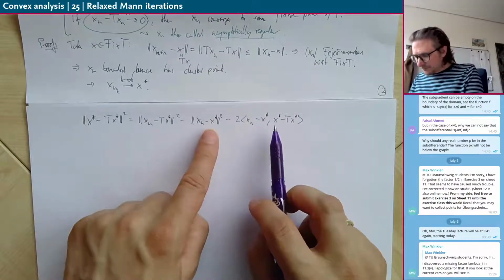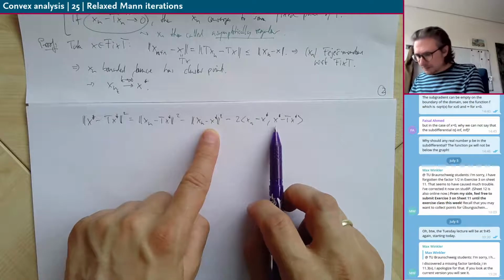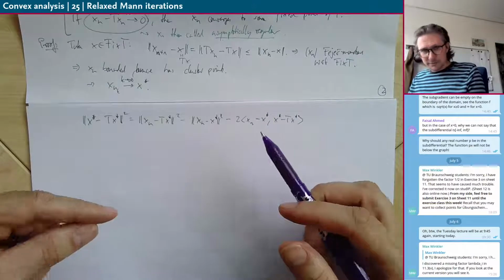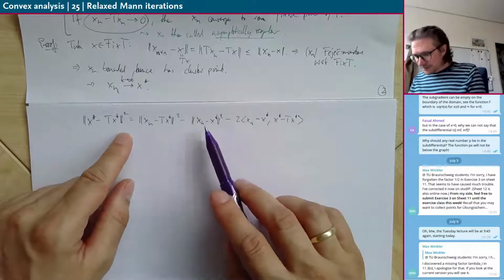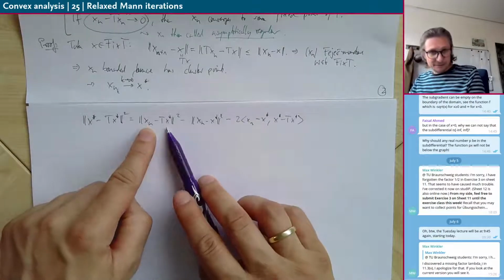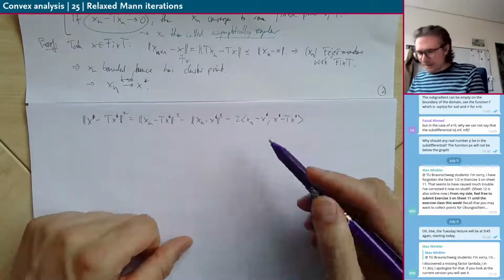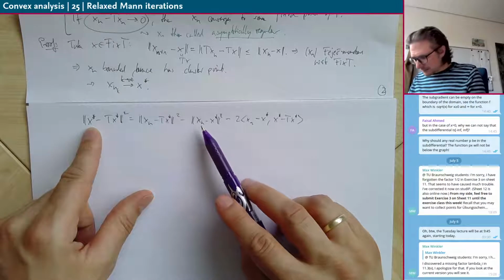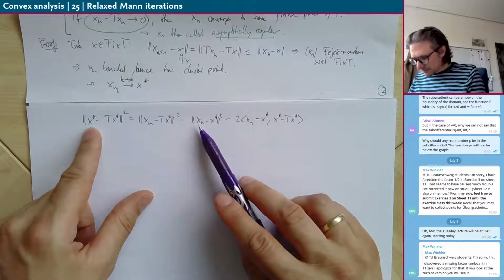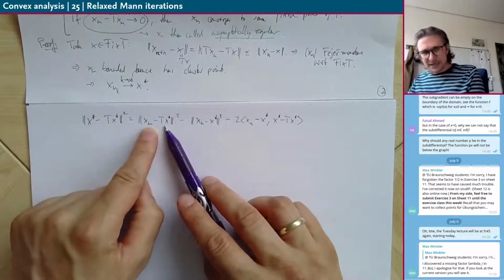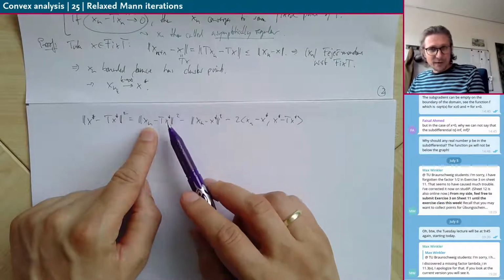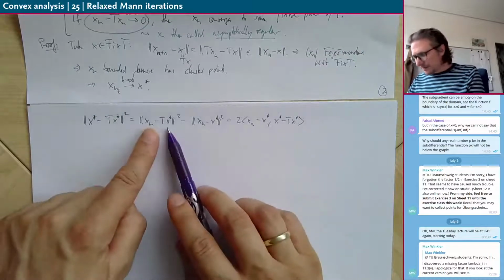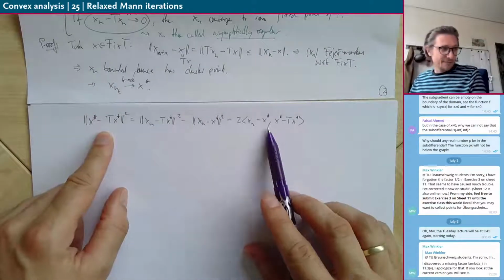And you see, if we bring these two things to the left-hand side and revert the binomial, or put the binomial together, you see that the x_n is going to cancel and you get exactly this. So this is just an expansion of the quadratic. So we take x_n minus T x star, and you add and subtract x star, and then open up, expand the quadratic, and you rearrange to this.